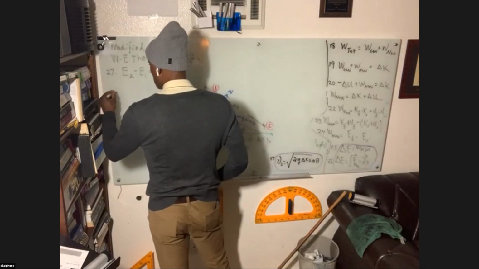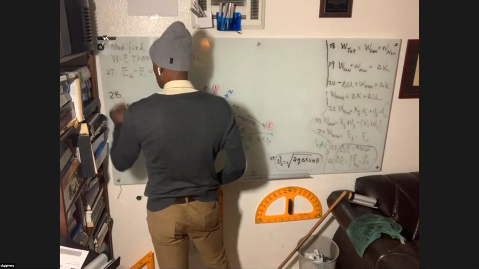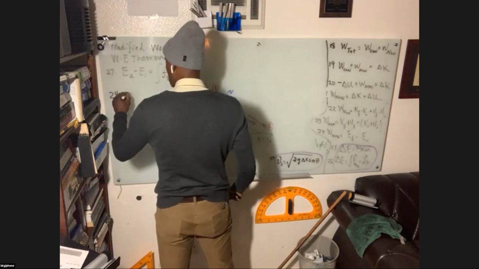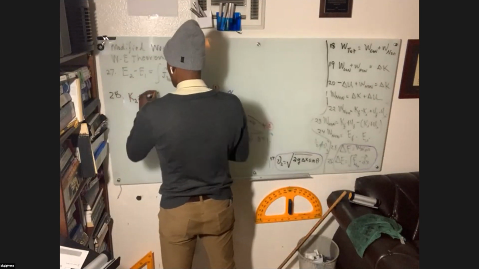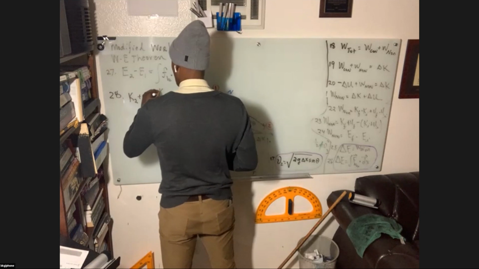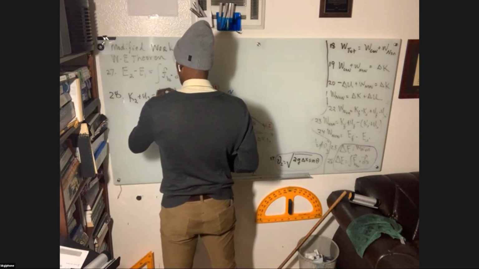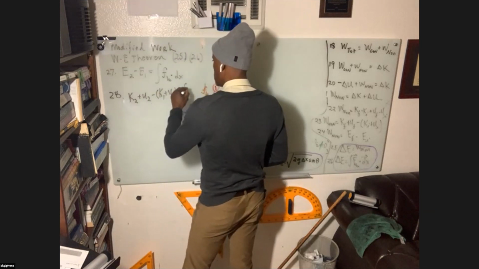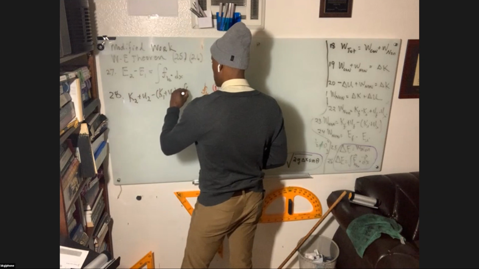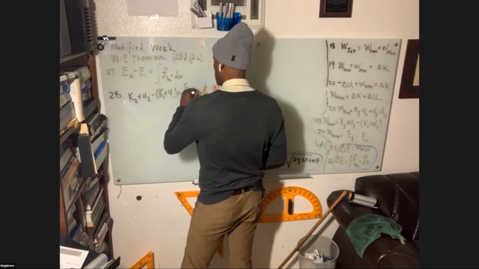So that's going to be basically K2 plus U2, minus quantity K1 plus U1 equals all the stuff on the right side, right? The integral of Fk dot dx. So we'll leave that for now.